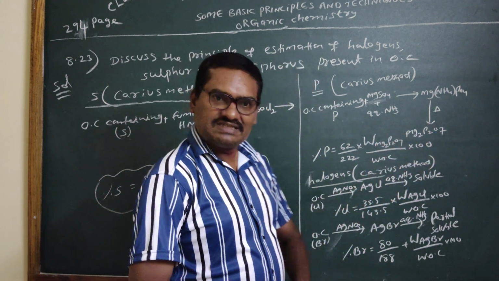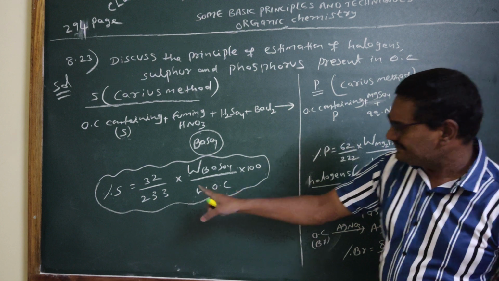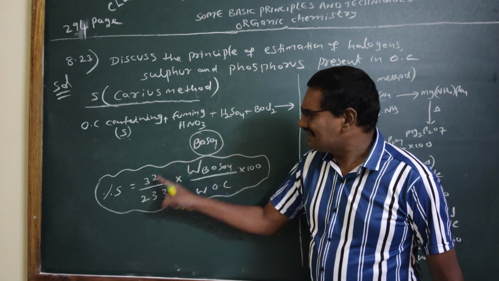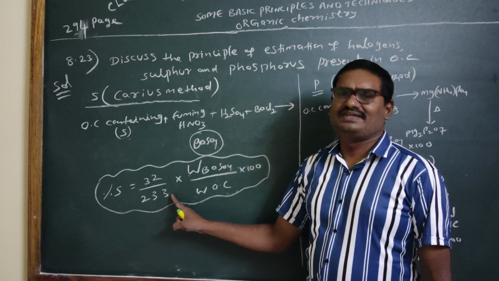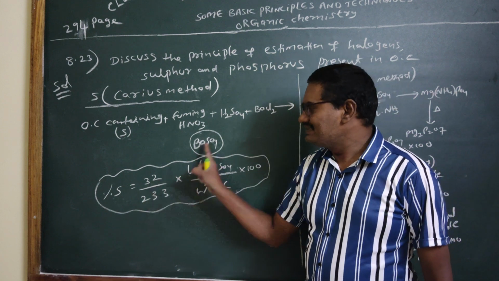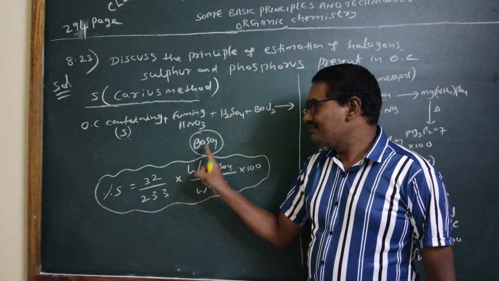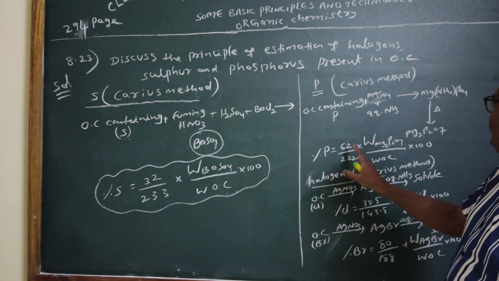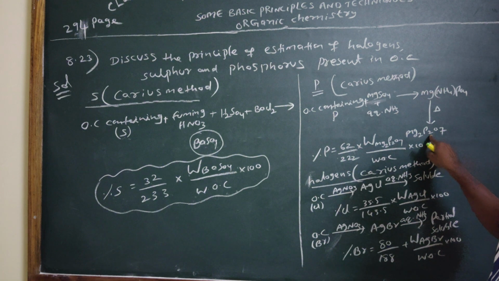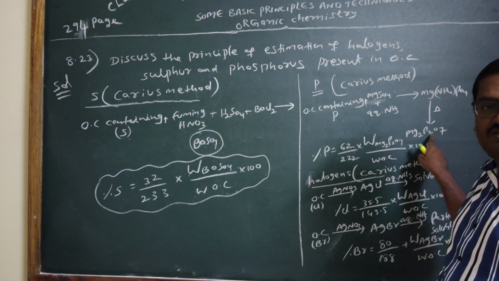In the sulfur formula, 32 means sulfur weight, and BaSO4 molecular weight is 233, so 233 means barium sulfate. Similarly, here 62 means phosphorus, 31 plus 31.